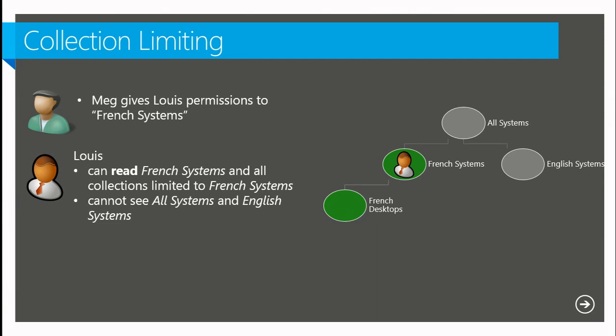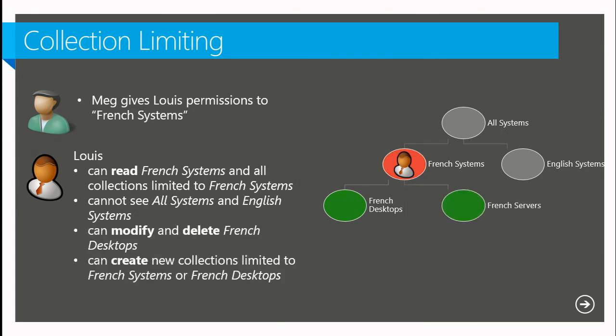If Louis logs on to primary site 1, primary site 2, and so on, doesn't matter. He can only see the French collections, or French Systems in this case. So he can't modify or delete those collections, but he is enabled to create sub-collections underneath. And again, that applies to user collections, just as we're showing here with the device collections.